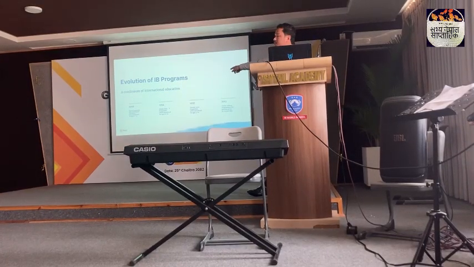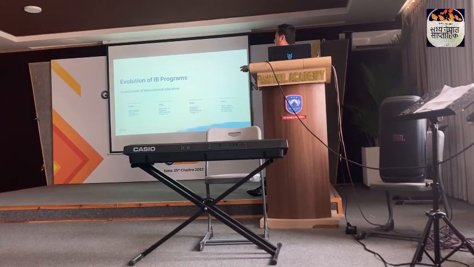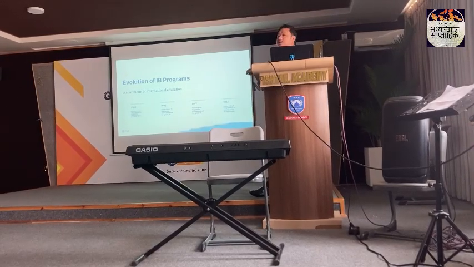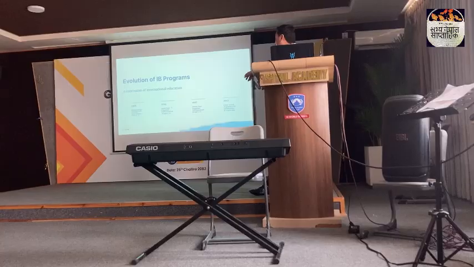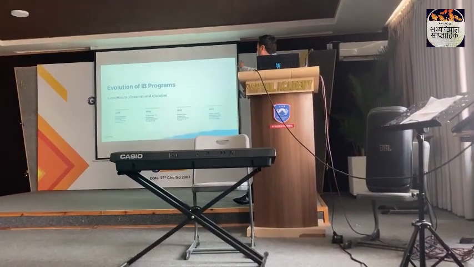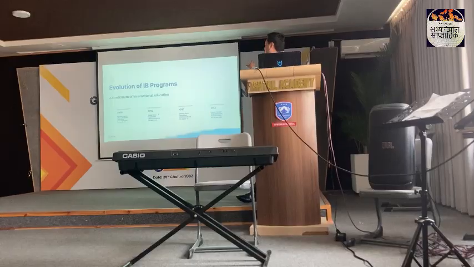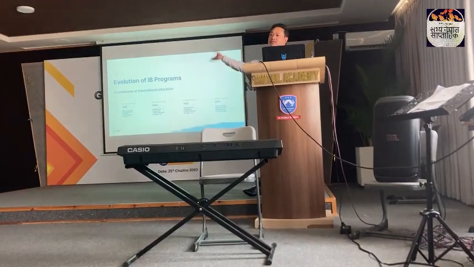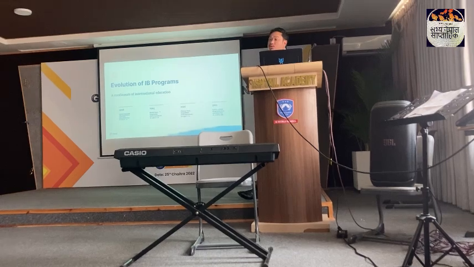It started in 1968, then 1994, and 1997 is when the primary years program was introduced. The new program they have is CP, the career-related program, introduced in 2012. It's more into preparing students for the university, which we do not have in Nepal.